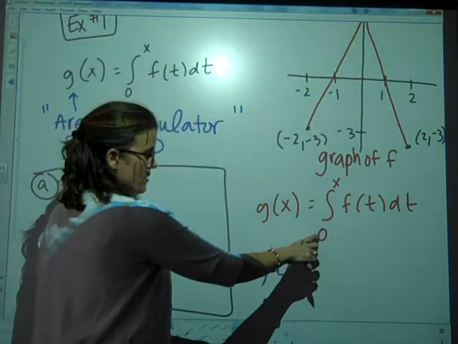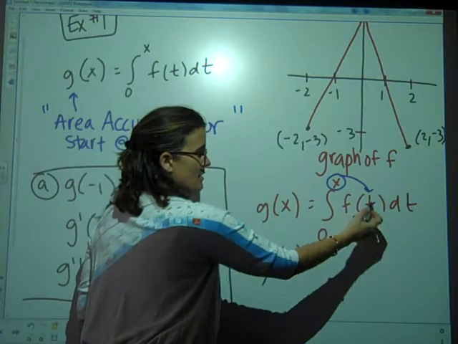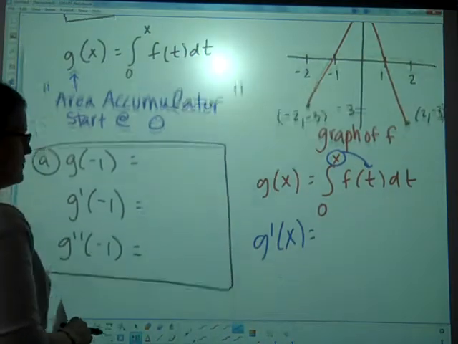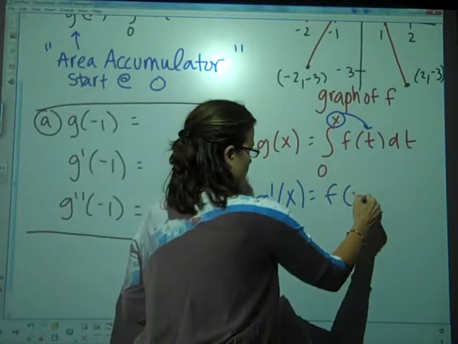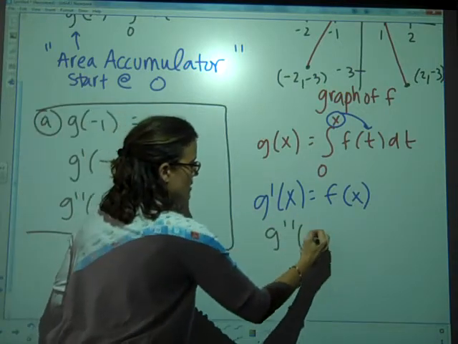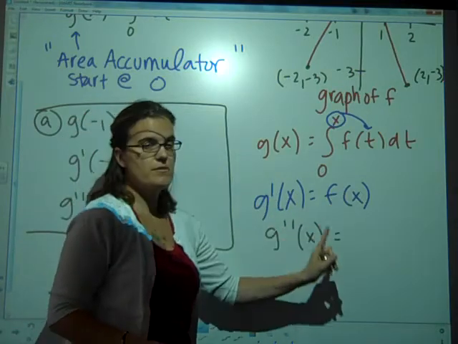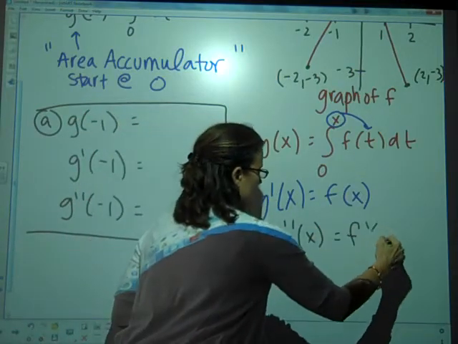And since we're starting in a number and ending in a letter, the derivative will just be this function with that letter plugged in. Right, so f of x. And let's take it one more step down, that g double prime of x must have equaled... if I'm taking the derivative of this side, I must have taken the derivative of this side. So that must have been f prime of x.